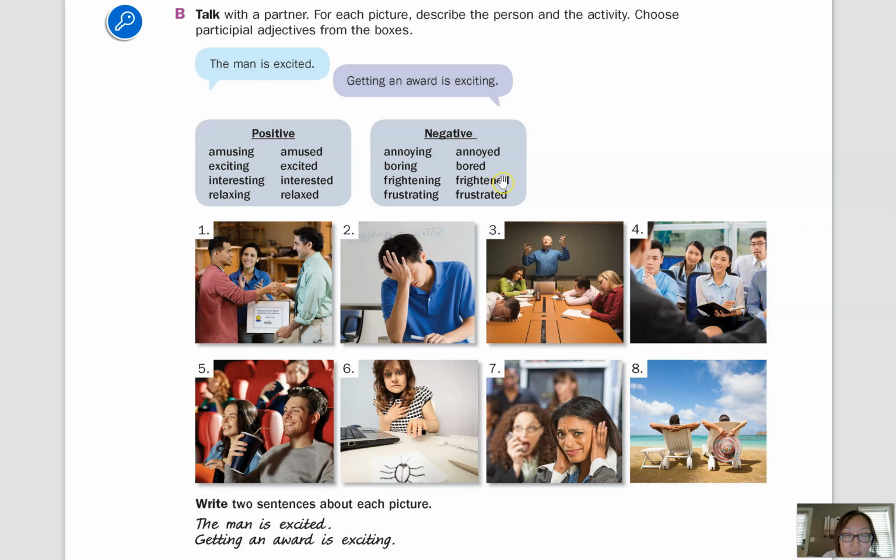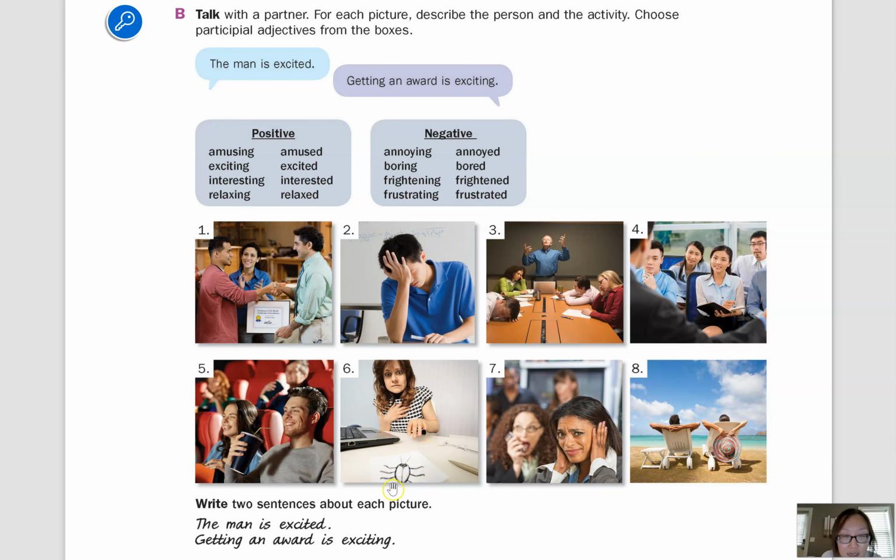She is frightened. It looks like a fake bug on a napkin or a piece of paper, but I'm sure this would still scare some people. So anyway, we could say the bug is frightening.